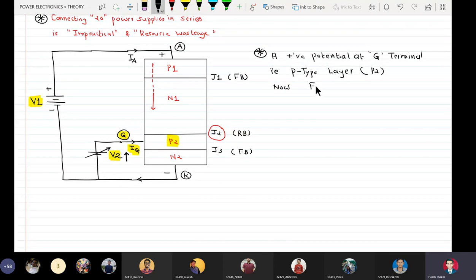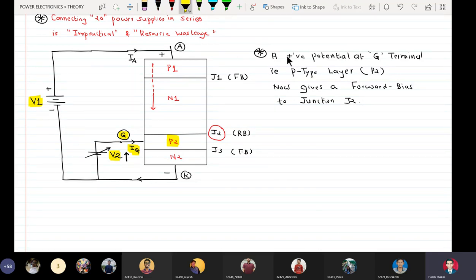now forward biases, I cannot say forward biases, a positive potential at gate terminal, that is the p-type layer P2, now gives a forward bias to the junction J2.